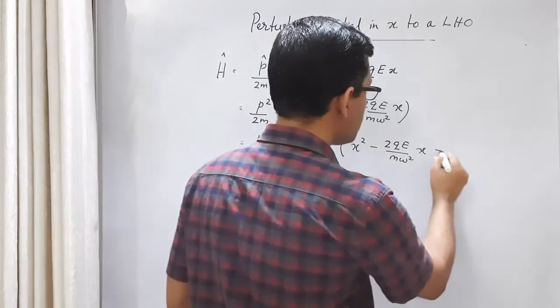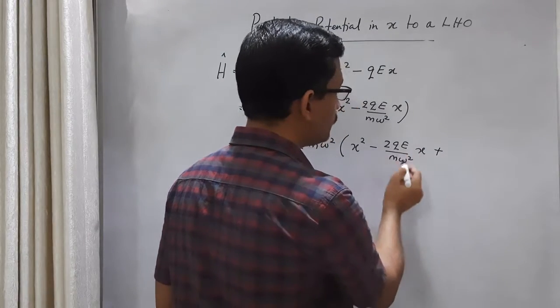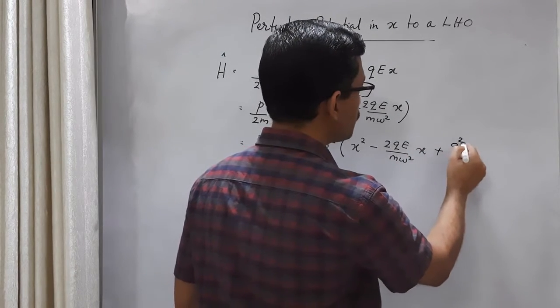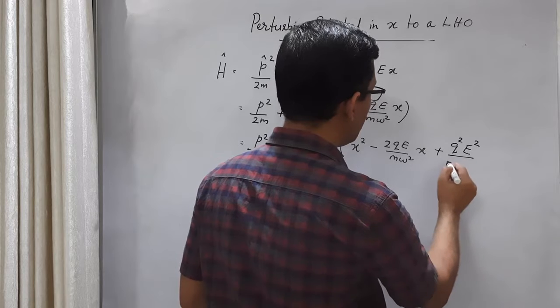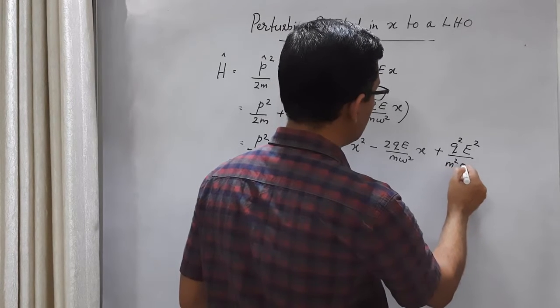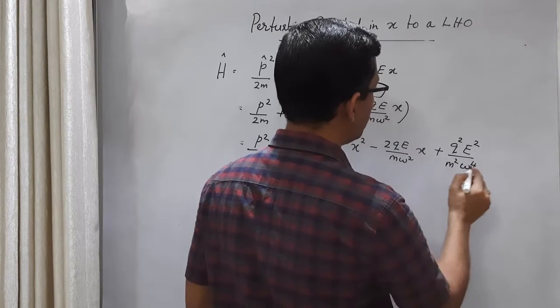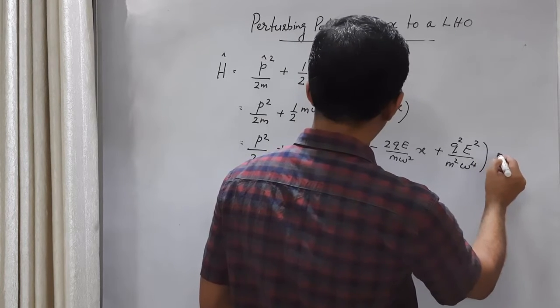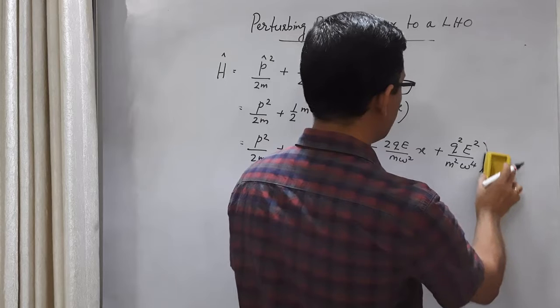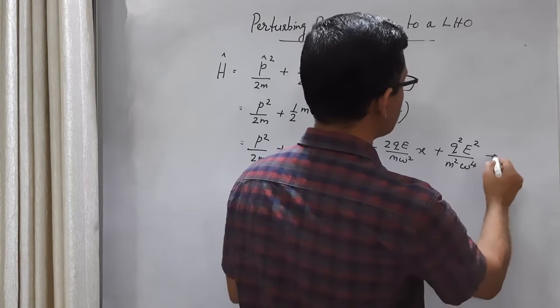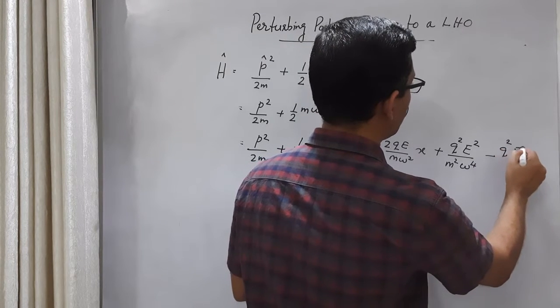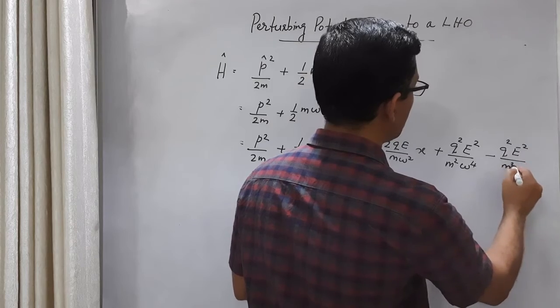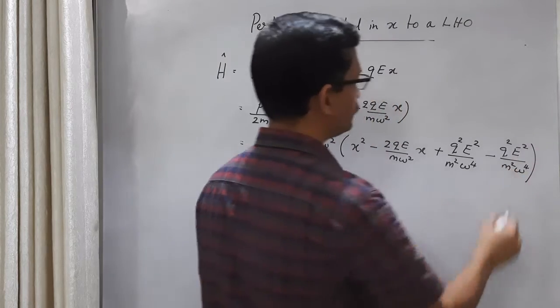So we have plus the square of half of the coefficient of x, that is q squared e squared divided by m squared omega raised to 4. Then you have to subtract also, so I will put that minus term, minus q squared e squared by m squared omega raised to 4.